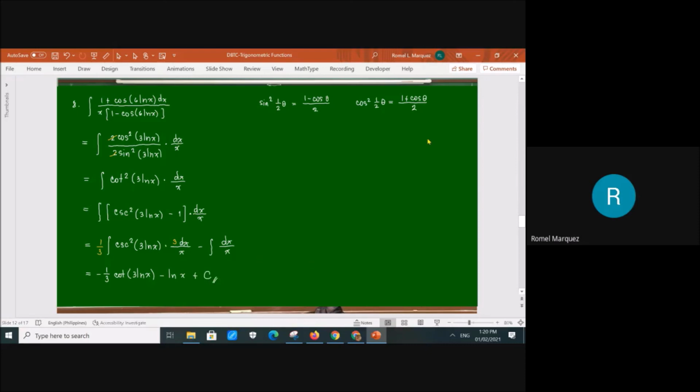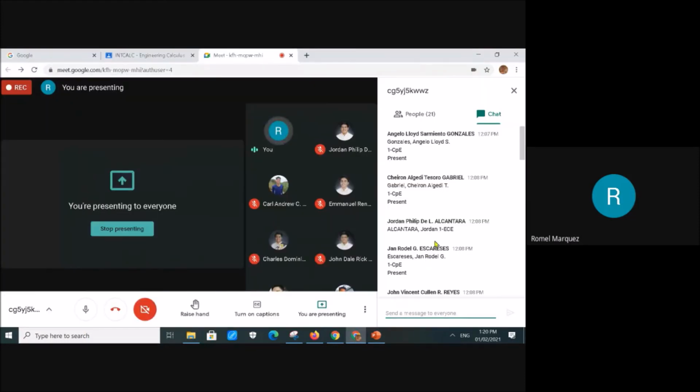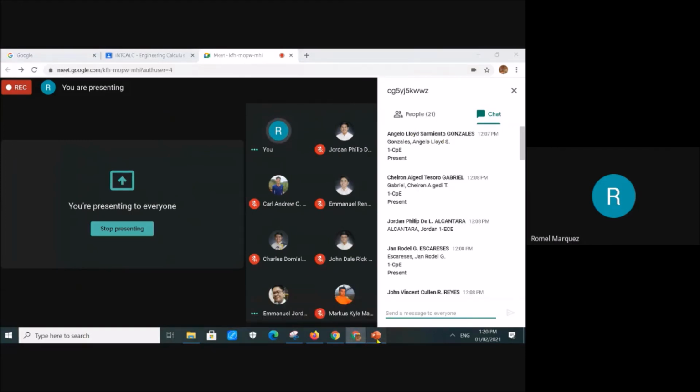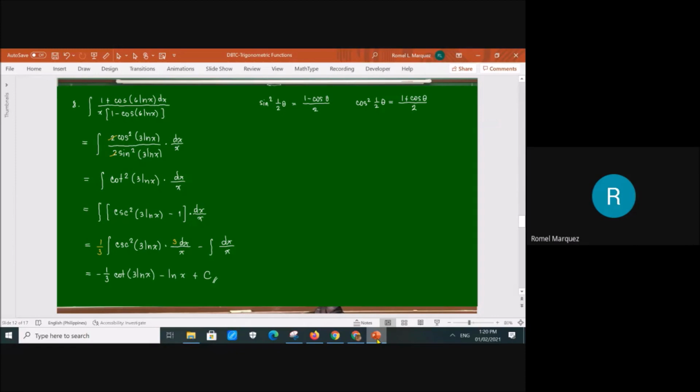A question. Why is it that I did not put any more absolute value to x in the ln? Why is it that absolute value is not necessary anymore? What do you think?